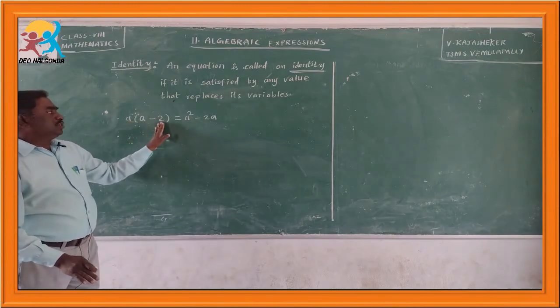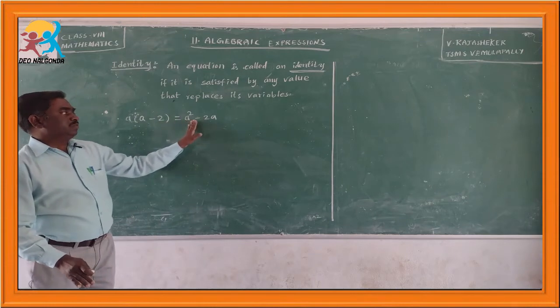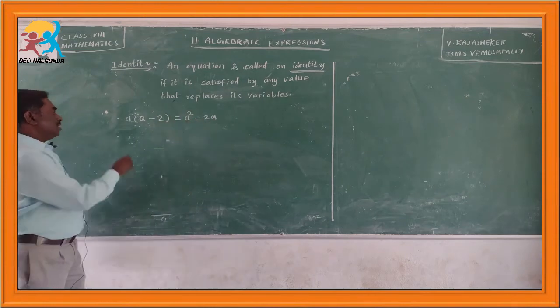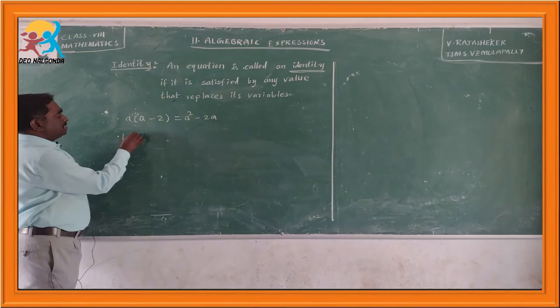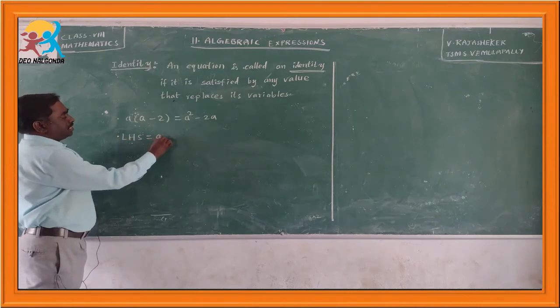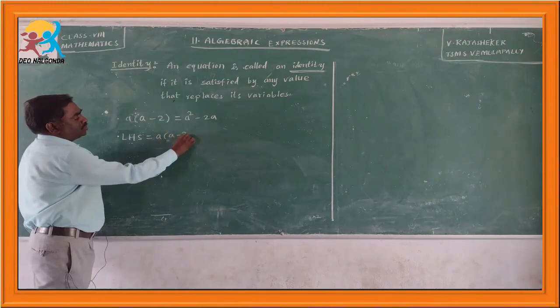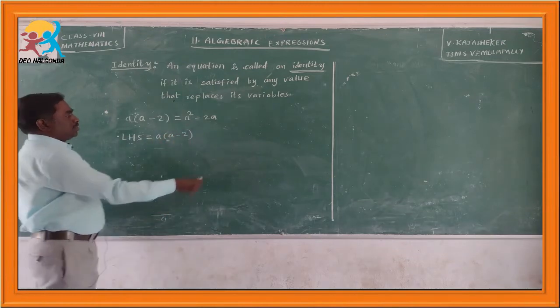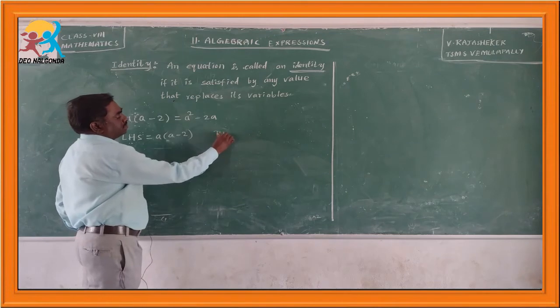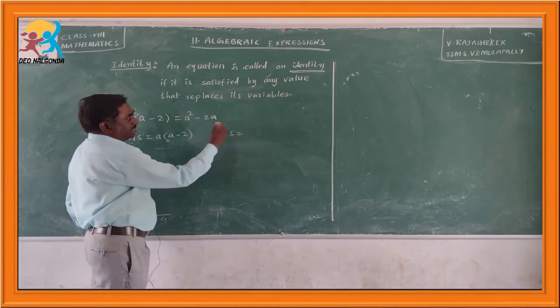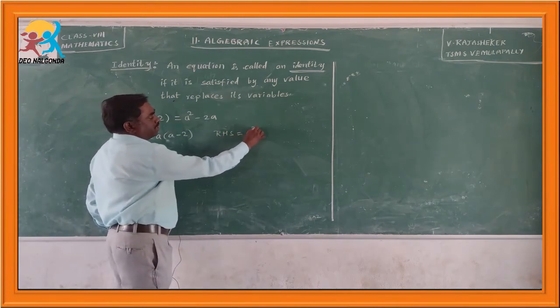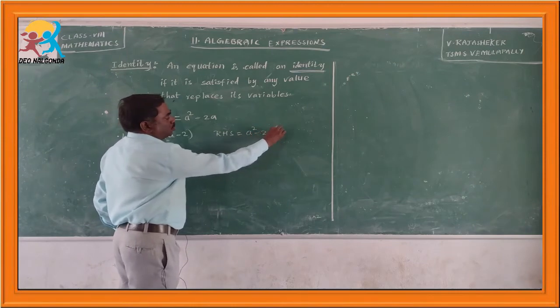Let us consider LHS. Left hand side expression is a of a minus 2. RHS, right hand side, is a square minus 2a.